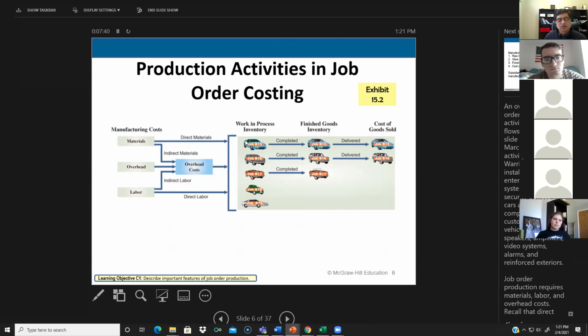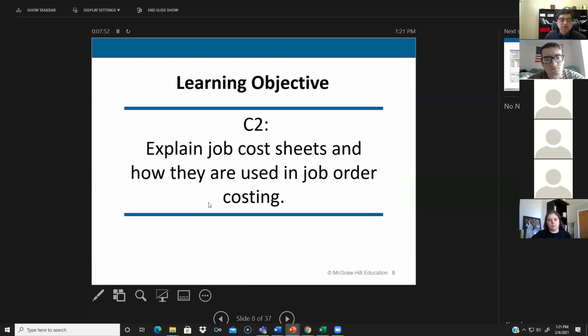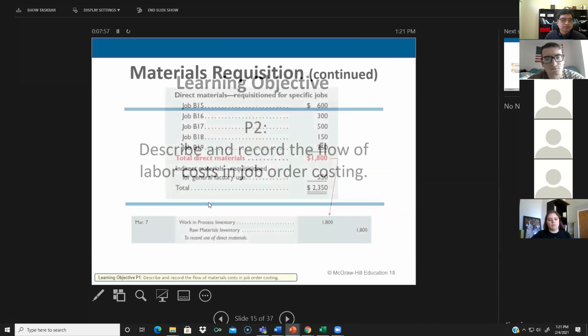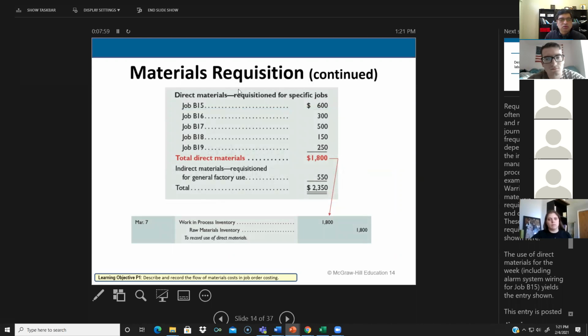So overhead costs, work in process is debited, overhead is credited. Just for the indirect material, work in process debited, indirect material credited. So when you requisition the material for the direct materials, 1800, work in process debited, raw materials inventory credited directly.